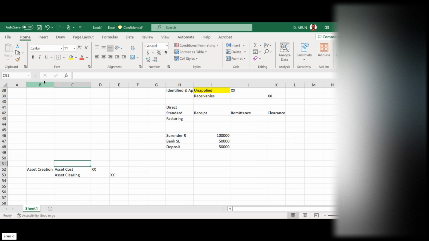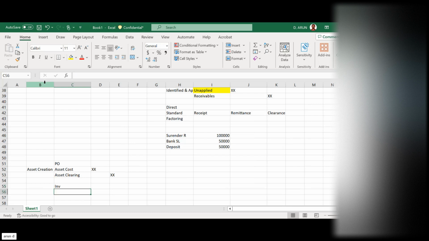In this case, we are talking about the PO-based asset creation. We also have invoice-based asset creation, because it is not always that we will have a PO. This is the best practice to follow, but there are certain companies which will follow this as well, that is, to create the asset transaction from the invoicing.